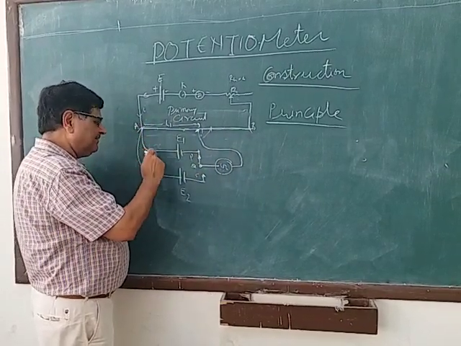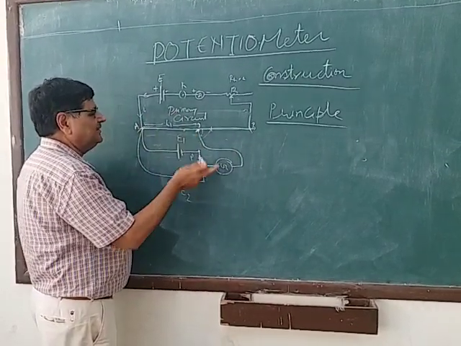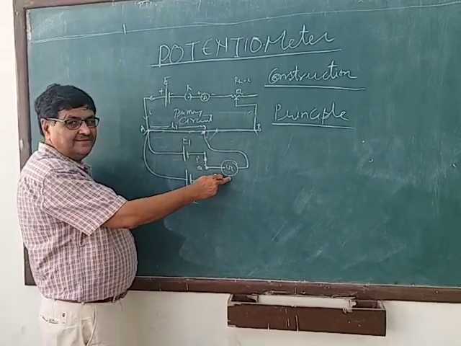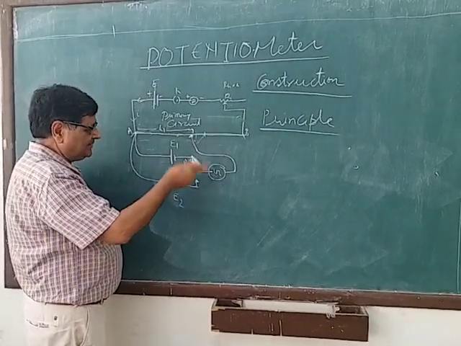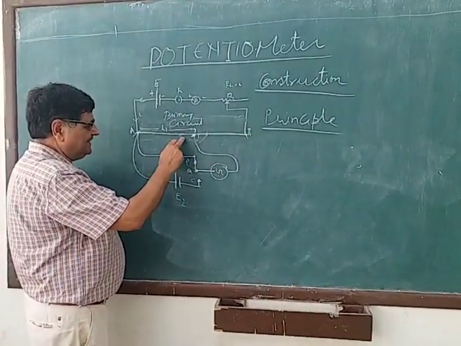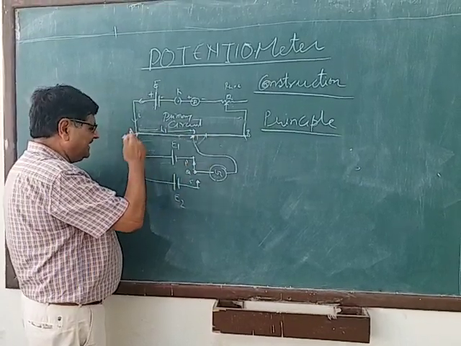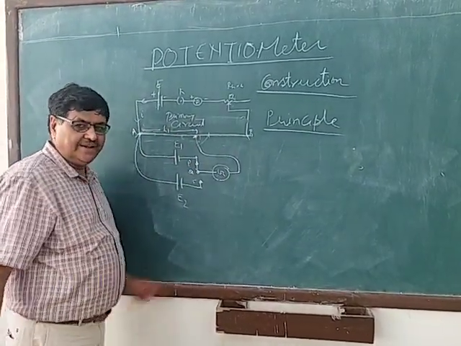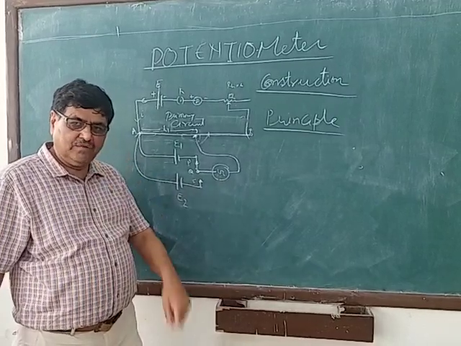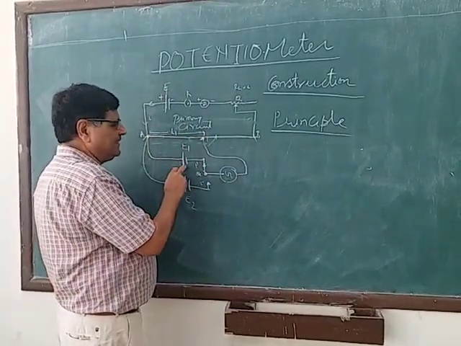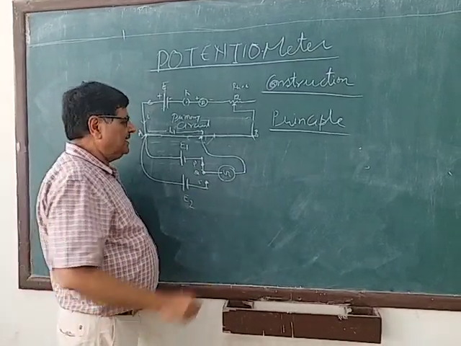So current will be flowing in this way. In both situations you saw the direction of current in the galvanometer is different. When it was connected here, current was flowing like this. When it is connected here, current is flowing like this. That's why the galvanometer gives two-sided deflection. And here this potential difference is equal to the EMF, so no deflection.